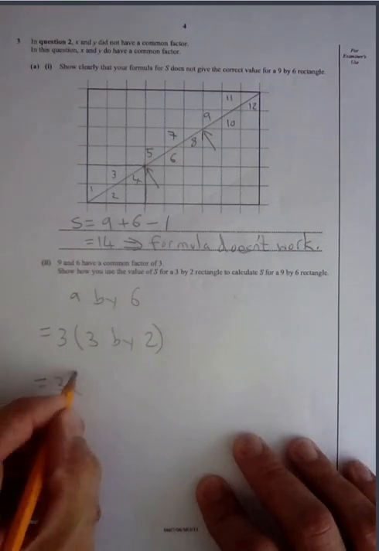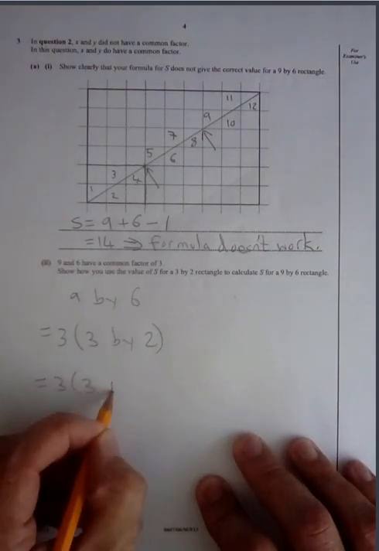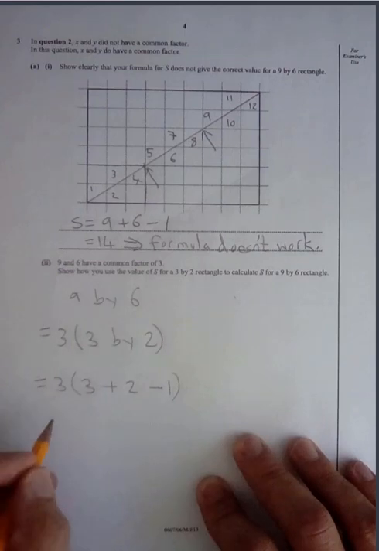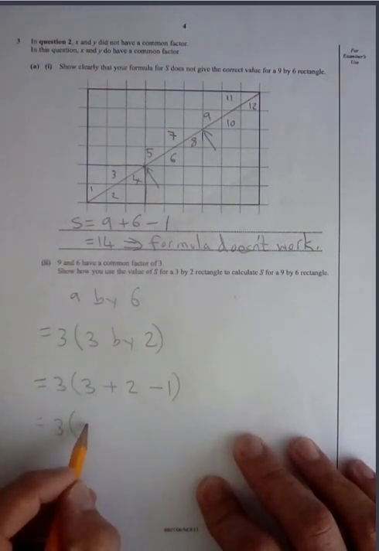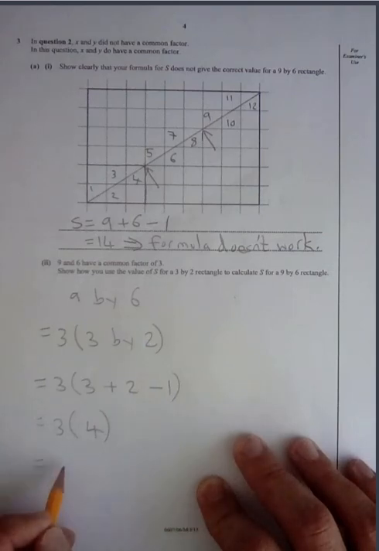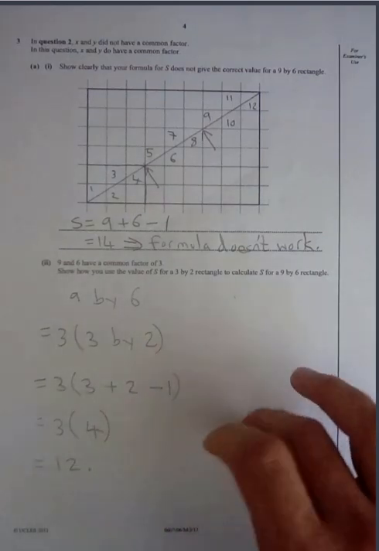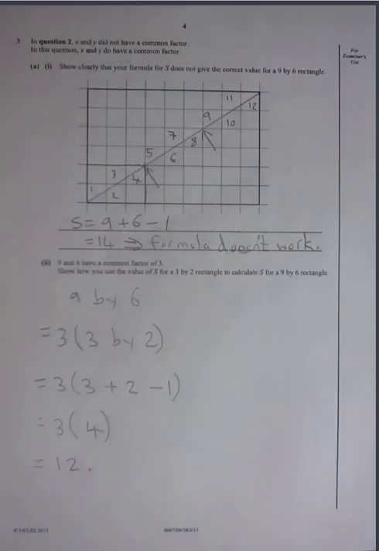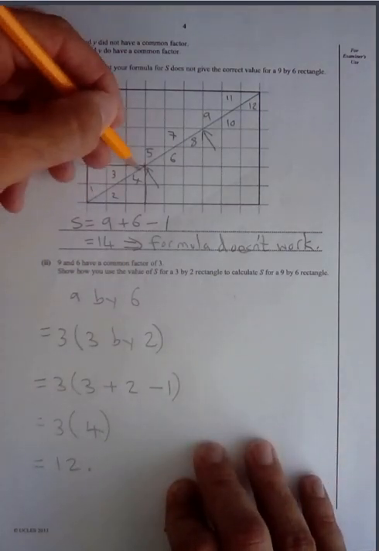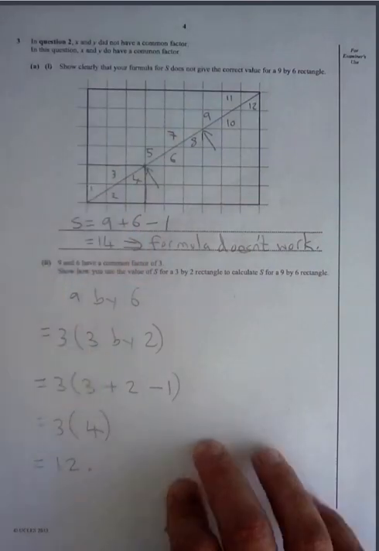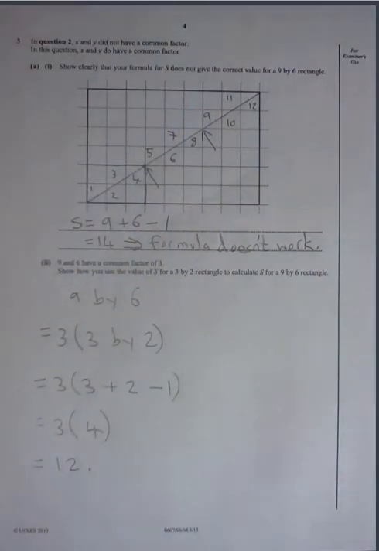So 3 plus 2 minus 1 equals... 3 plus 2 is 5, 5 minus 1 is 4, and 3 times 4 equals 12. And we did have 12, so it works perfectly. And you can see what we're doing. We're working out S for this rectangle, then we're scaling it up 3 times. We get around this issue when we pass on the diagonal.